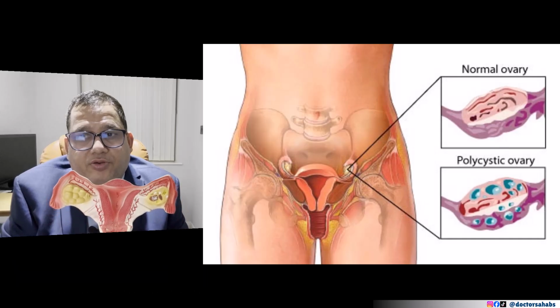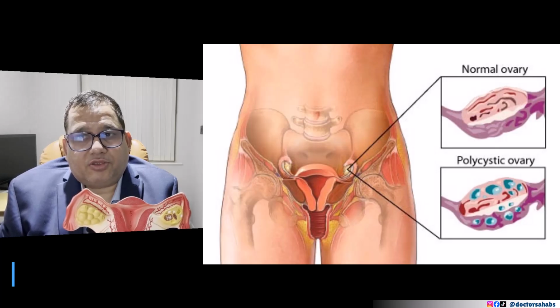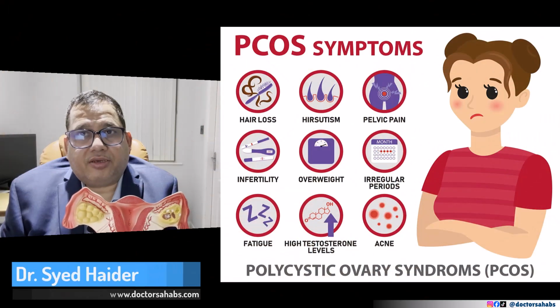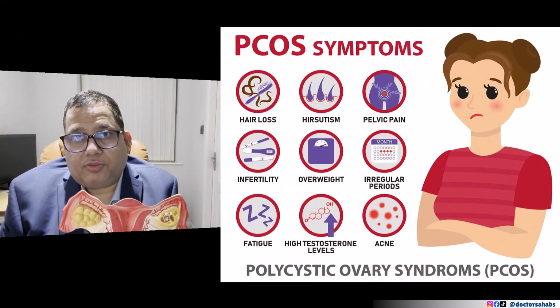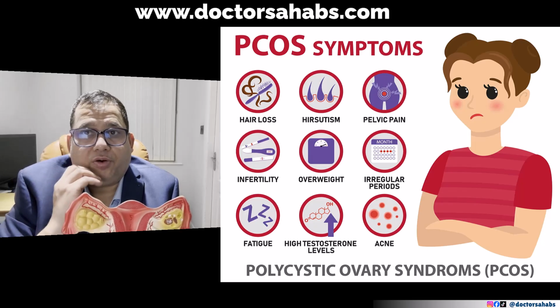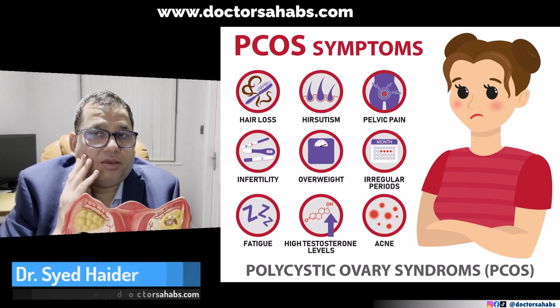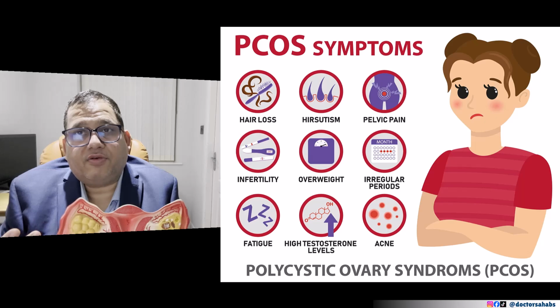and excess androgen, a high level of male hormone in the body, which causes physical signs. Some of the women can show the sign of facial hair and body hair. The growth of hair on the female face is due to a high level of excess androgen.